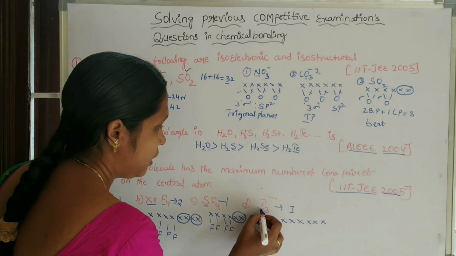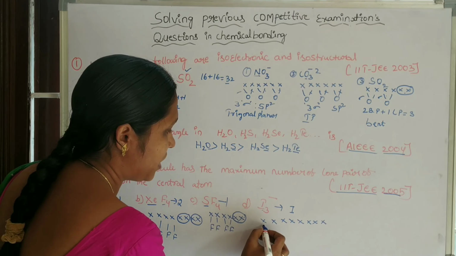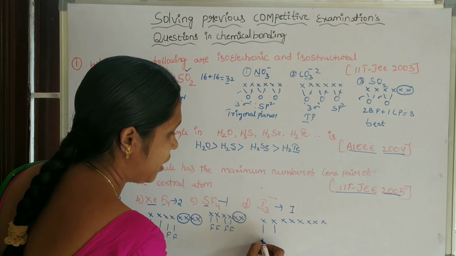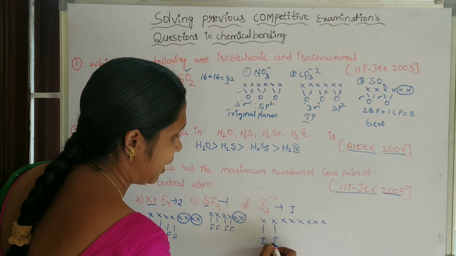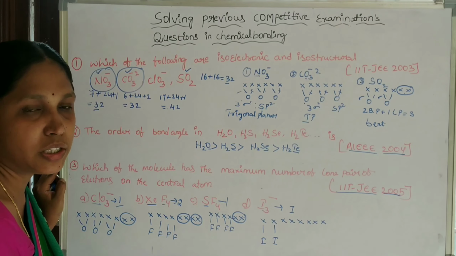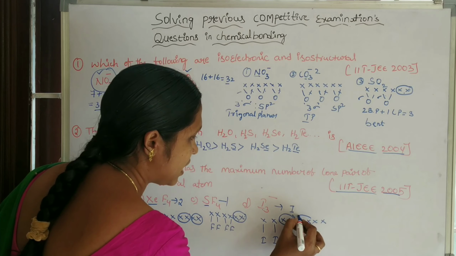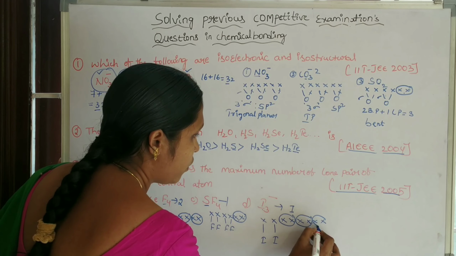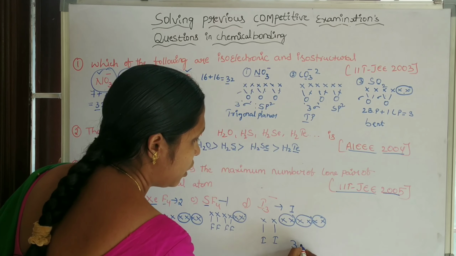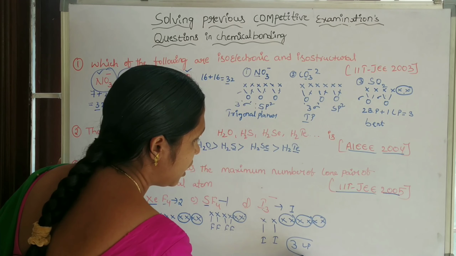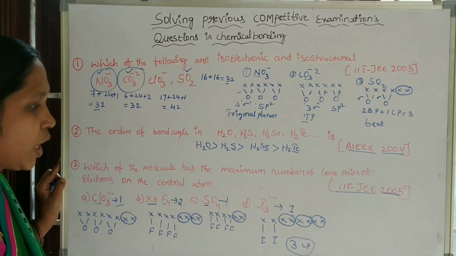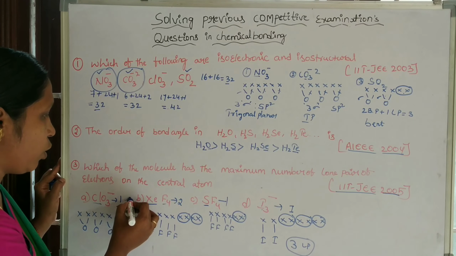The central iodine is surrounded by 2 iodine atoms. Here iodine is also single valent, so 2 iodines are combined with 2 single electrons and the remaining 6 electrons form 3 lone pairs. Okay, ClO3 minus has 1 lone pair.